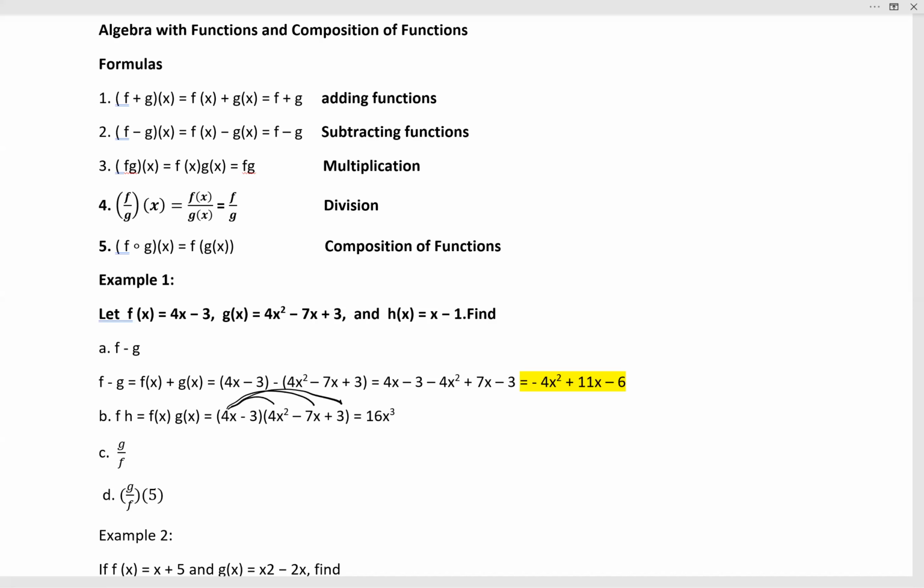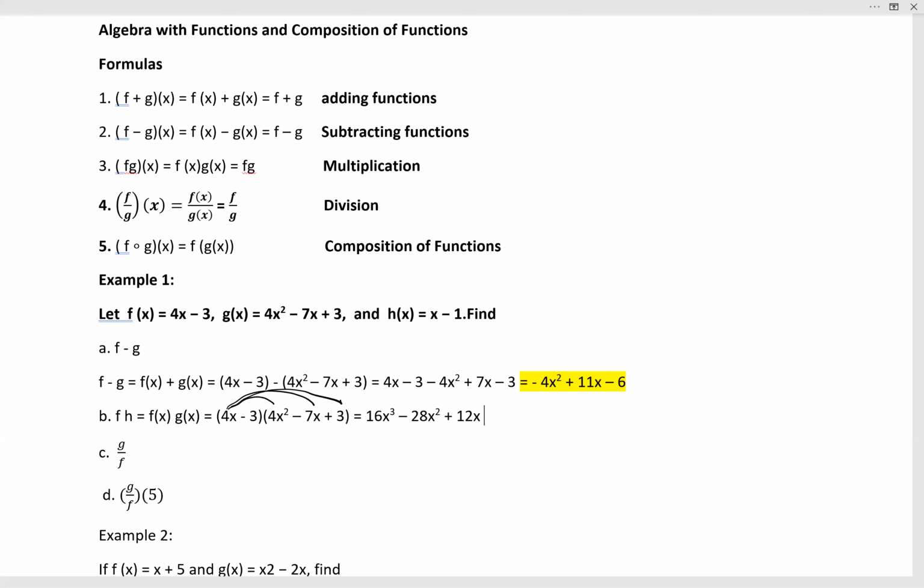Okay, and then 4x times negative 7x is going to be negative 28. Am I correct? Yeah. And then x times x is going to be x squared. Okay, and 4x times 3 is going to be plus 12x.